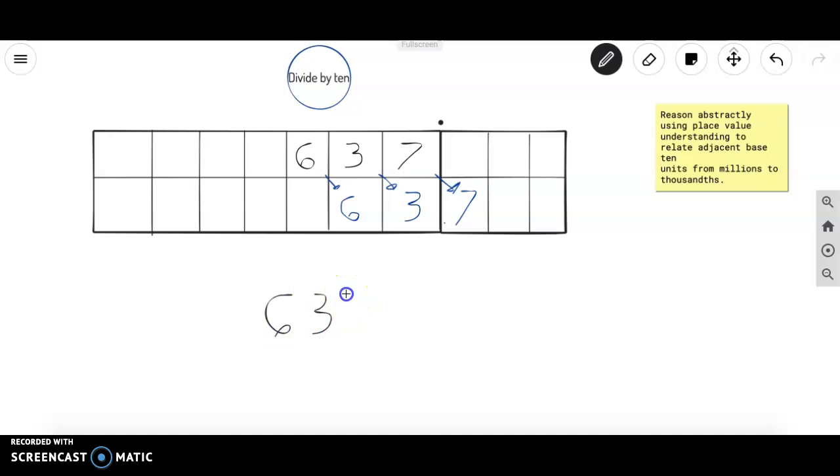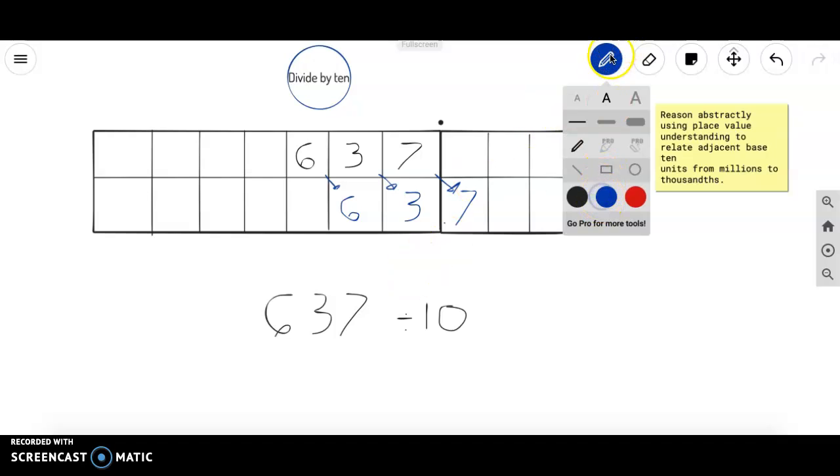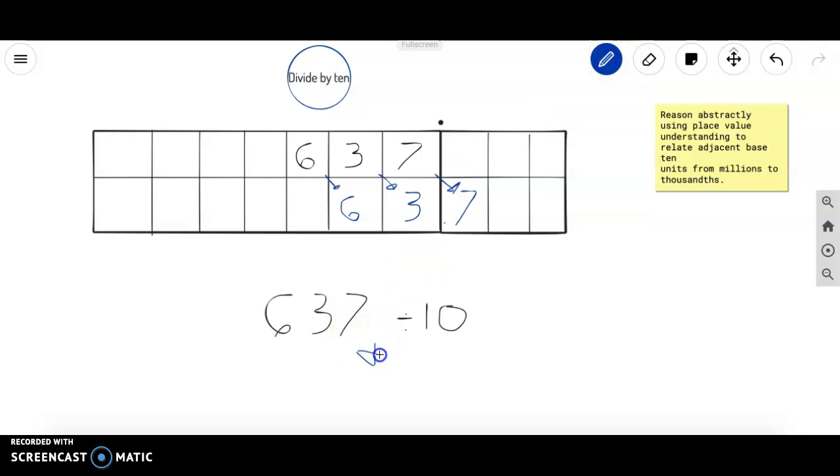637 and you divide it by 10, all you're doing is rewriting that. I'll take my blue here to show my work. Bring it down here. And I'm going to rewrite that number.